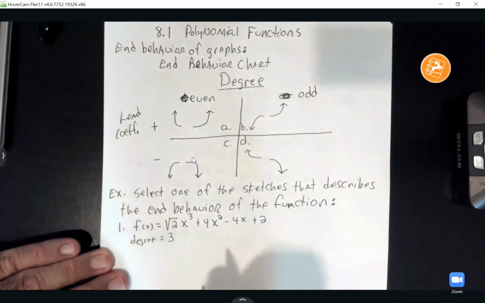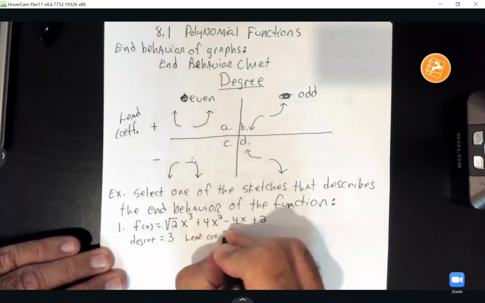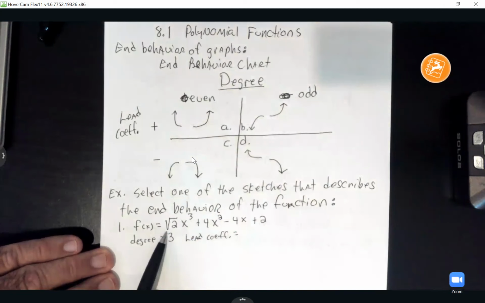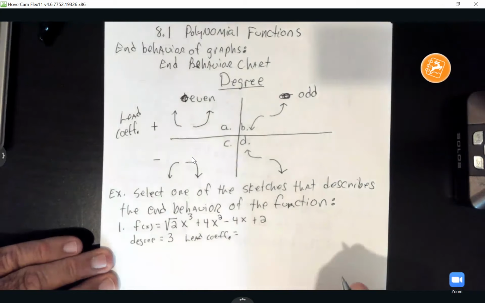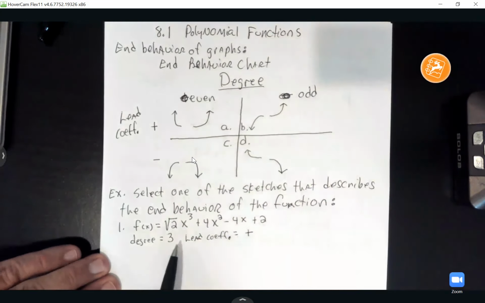The lead coefficient. Is that lead coefficient, square root of 2, positive or negative? Positive. So definitely positive. There's no negatives in front of that.